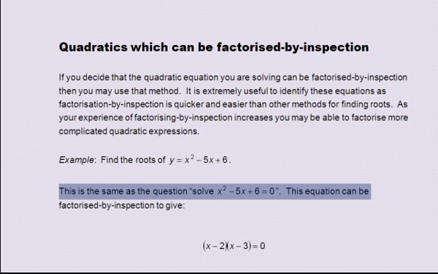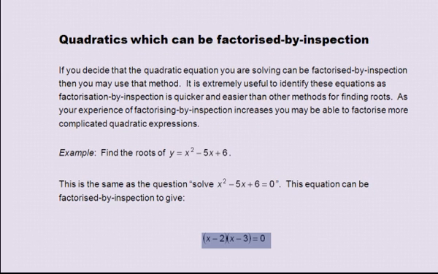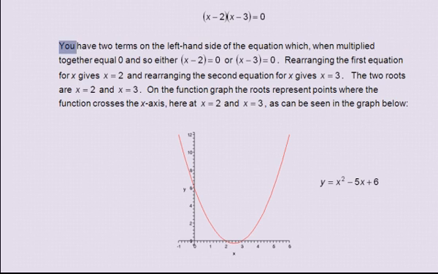This equation can be factorised by inspection to give x minus 2 multiplied by x minus 3 equals 0. You have two terms on the left-hand side of the equation, which when multiplied together equals 0, and so either x minus 2 equals 0, or x minus 3 equals 0.